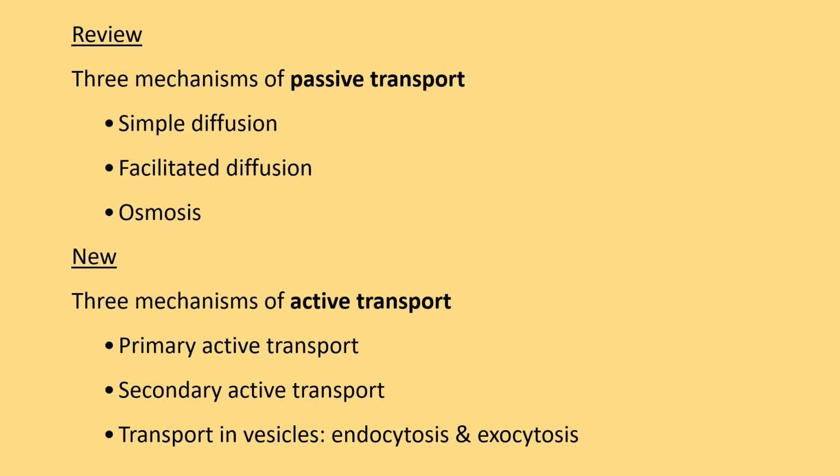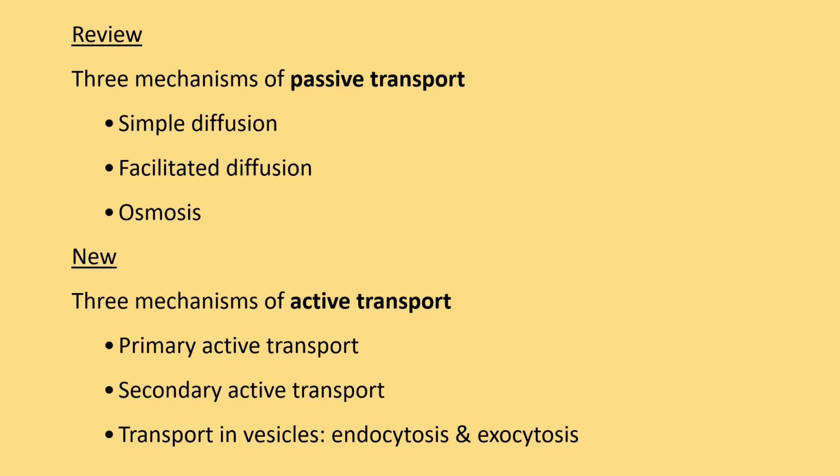And we've just finished talking about the three types of passive transport: simple diffusion, which means right through the phospholipid bilayer; facilitated diffusion, which means through a transmembrane protein like an ion channel or a carrier; and then osmosis, the movement of water across the plasma membrane. And these passive transport mechanisms all rely on concentration gradients.